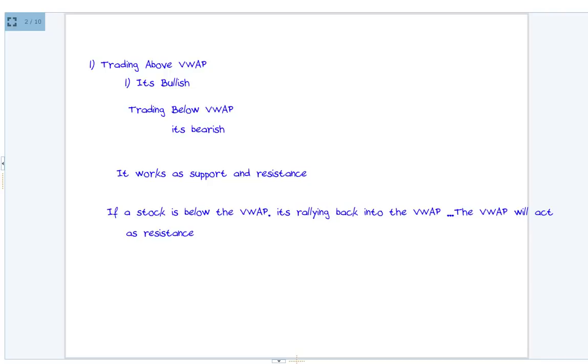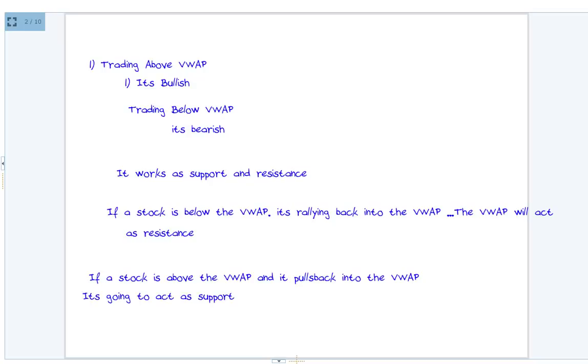Now, if a stock is above the VWAP and it pulls back into the VWAP, it's going to act as support. It's pretty simple. Above the VWAP, a thing is bullish. Below the VWAP, it's bearish.